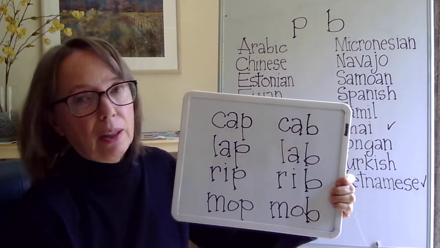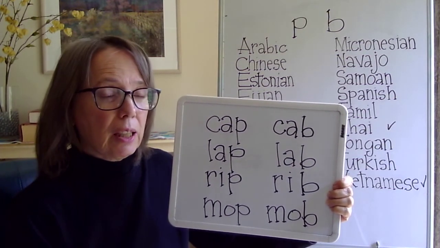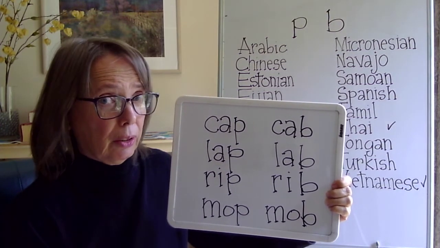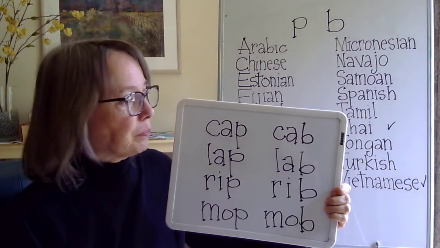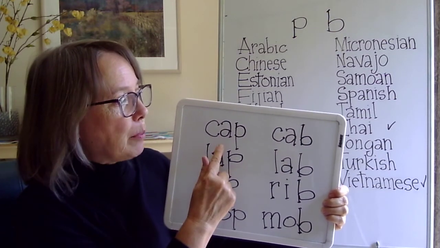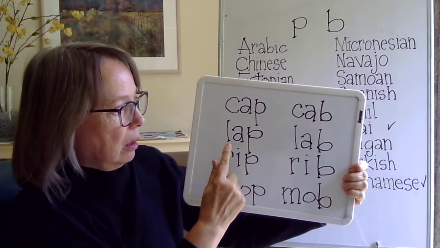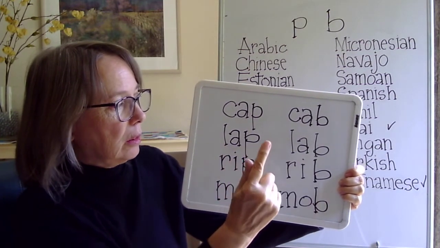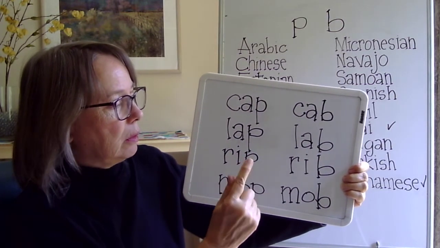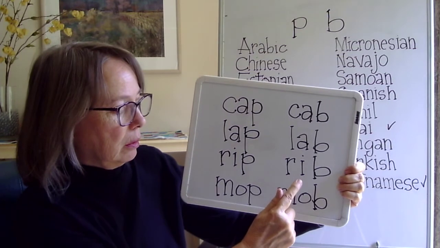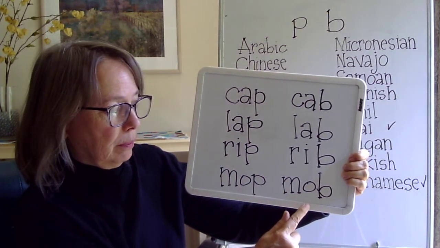So I'm going to read these 4 minimal pairs and listen to whether you can hear that this one is short and this one is longer. Cap, cab, lap, lab, rip, rib, mop, mob.